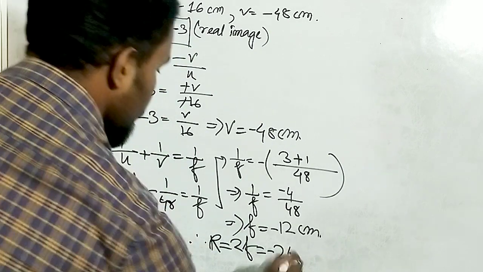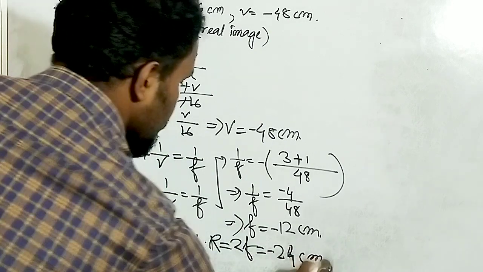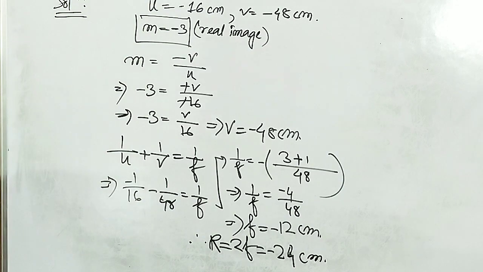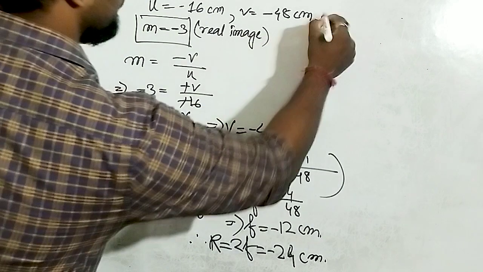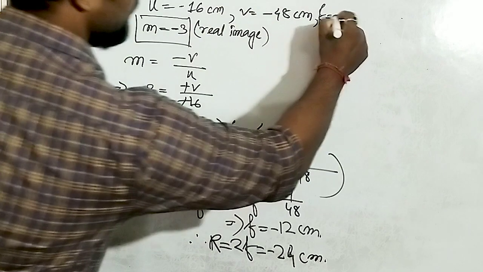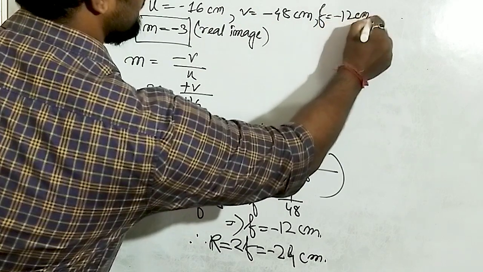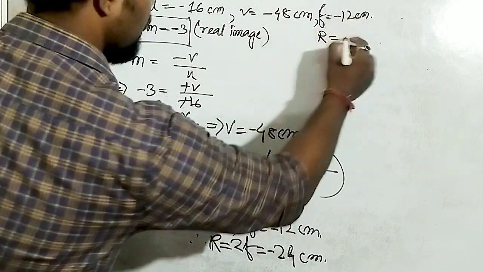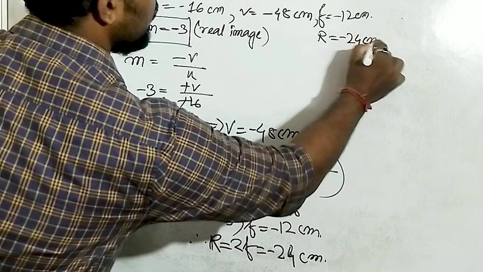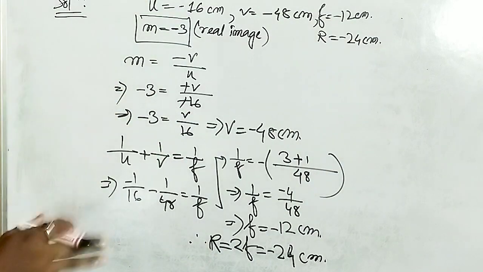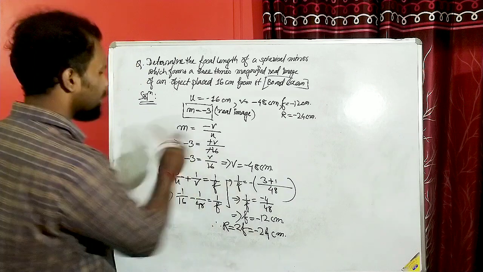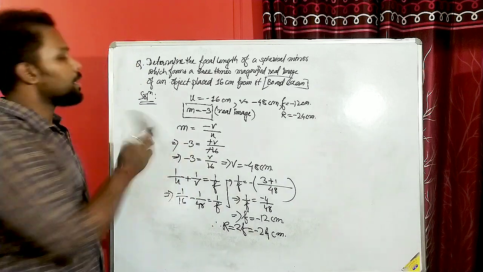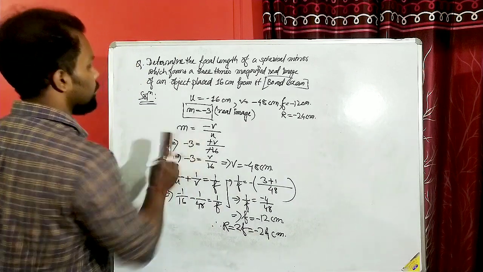So focal length is minus 12 centimeter and R is minus 24 centimeter. These are all the data we need to draw. Though magnification is given, we do not need it to draw the image.